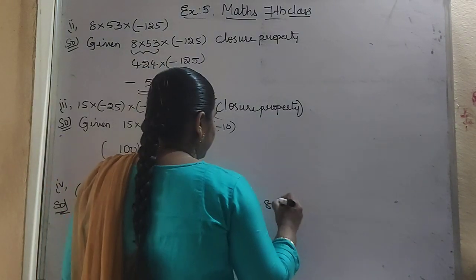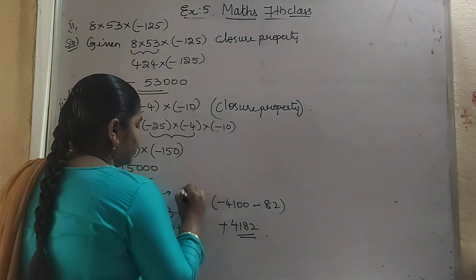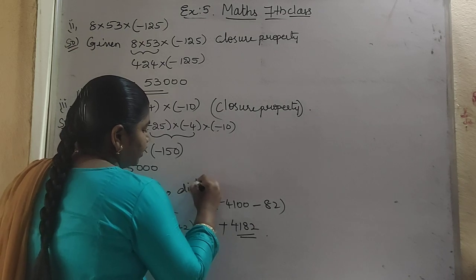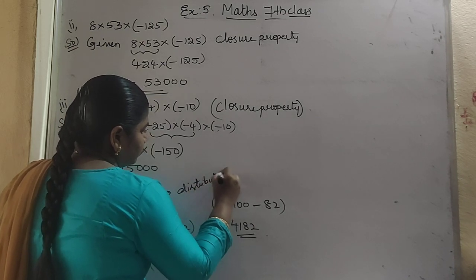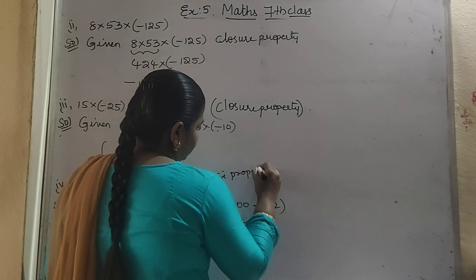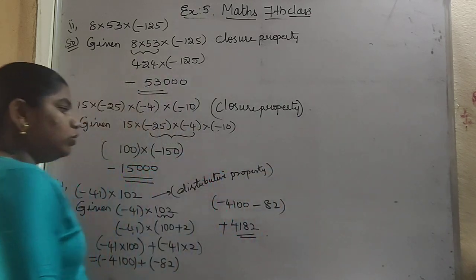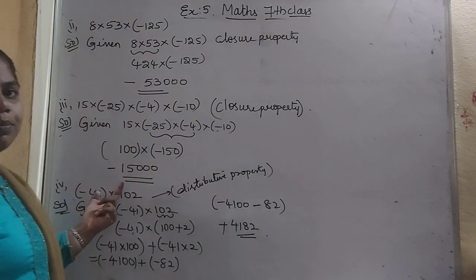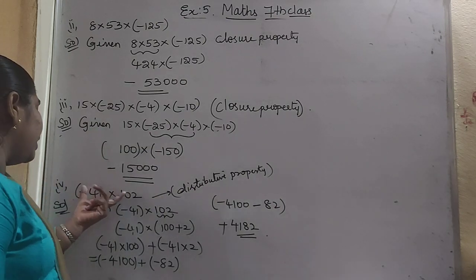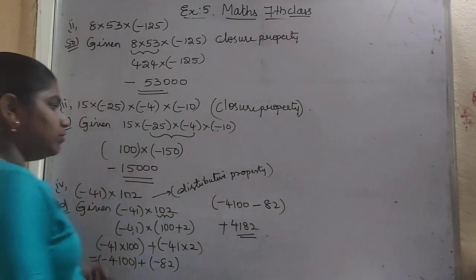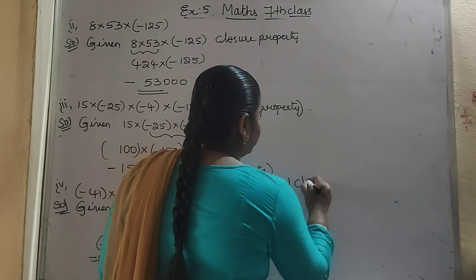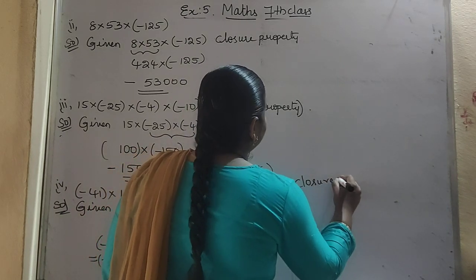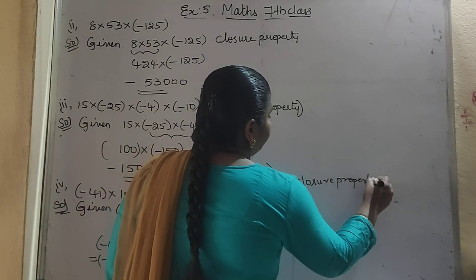So directly we can use closure also. This I did with distributive property. We can do by closure property also. If you are applying the closure property, directly we have to multiply the terms. Closure property is simple, but for this you have two different methods.